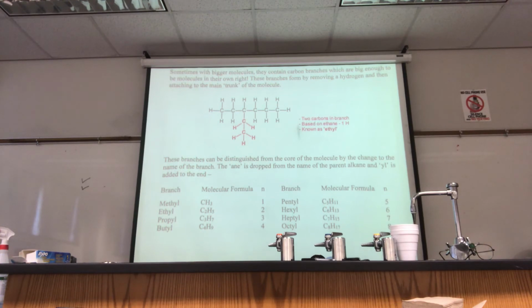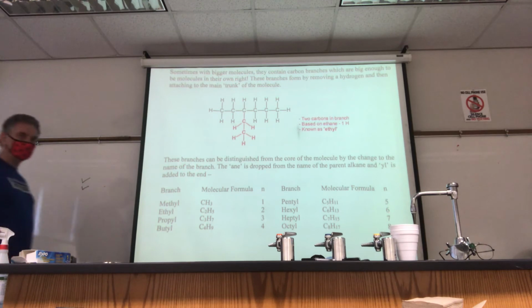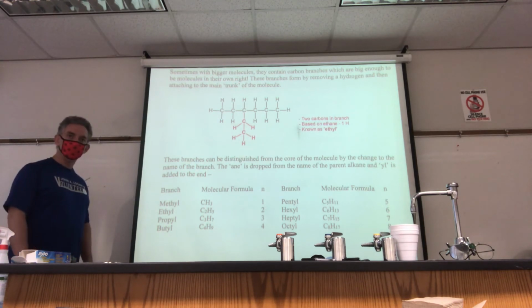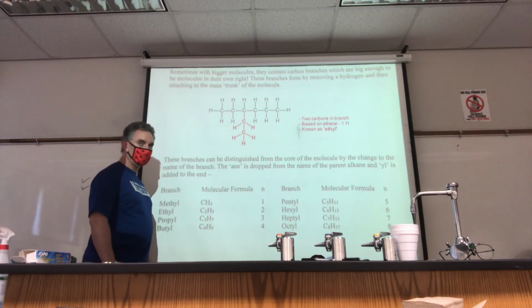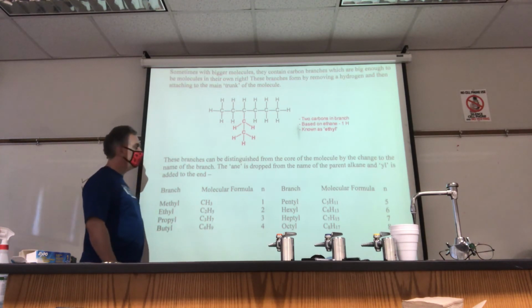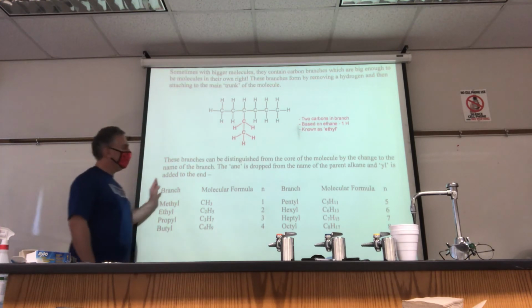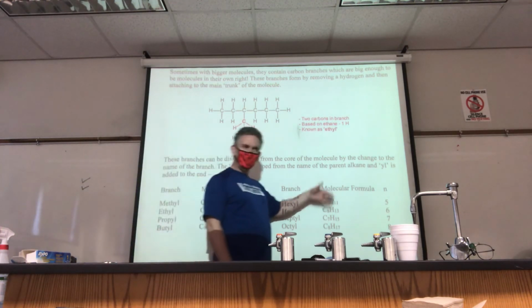Dr. Reed, should we note that, well, we noted with alkanes that it was CnH2n plus 2. Should we note that that is CnH2n plus 1? You can do. Remember, it's only a part of the molecule, it's not the full thing.